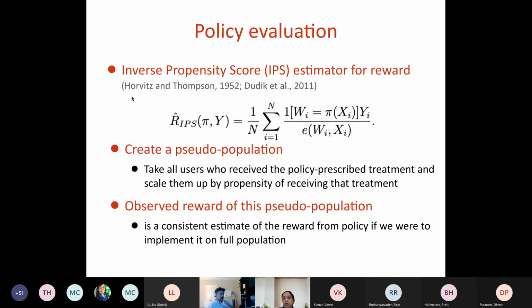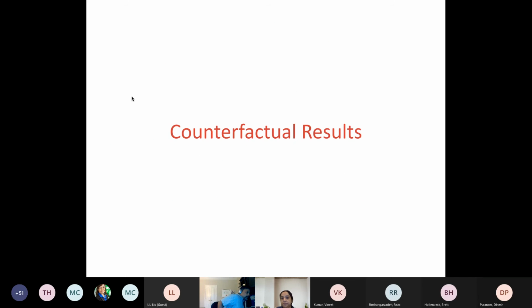It has been around since Horvitz and Thompson from 1952, and it was later repopularized in the Dudik et al. paper. But really, all we are doing is creating a pseudo population of people who receive the policy prescribed treatment and scaling them up by the propensity of receiving that treatment. It's basically very simple. And this gives you a measure of how well your policy would do if you gave it to everybody.